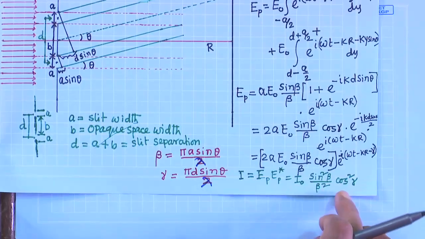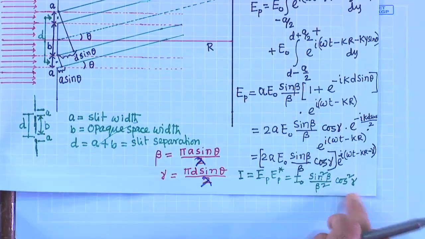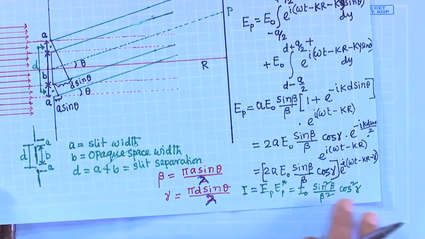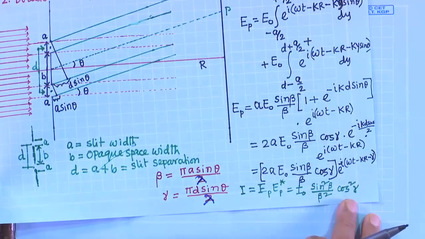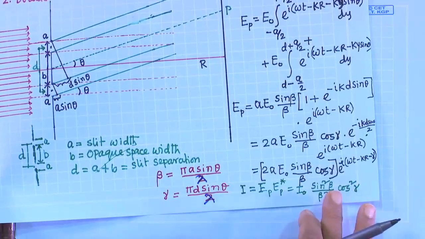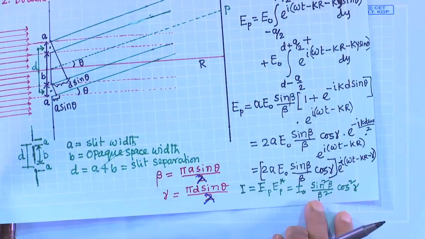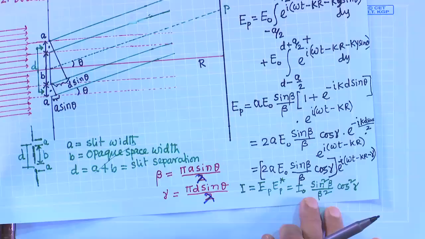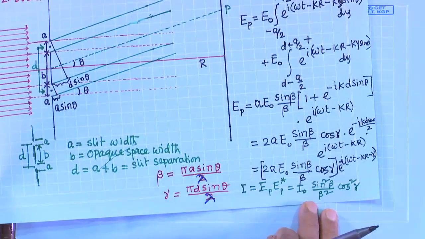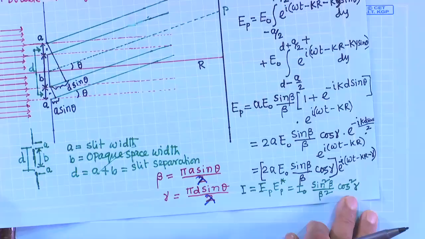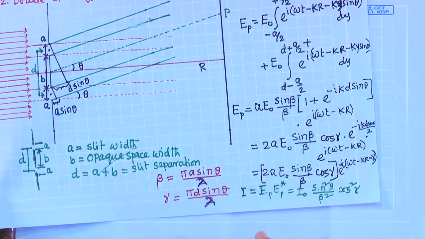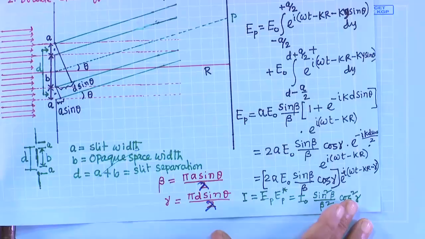So we are getting two terms: one is the contribution of single slit diffraction, and the other is the interference between the wavelets coming from the two slits.